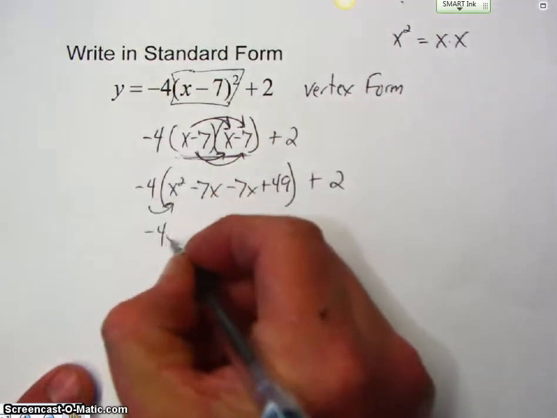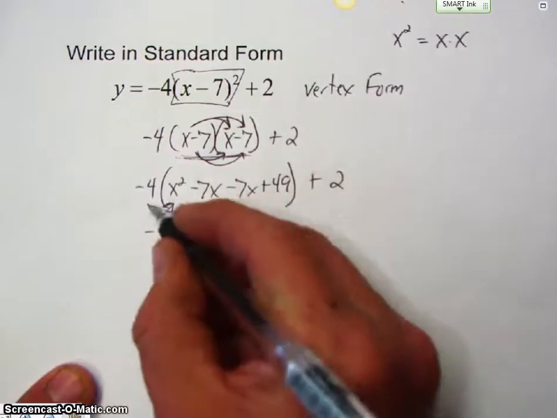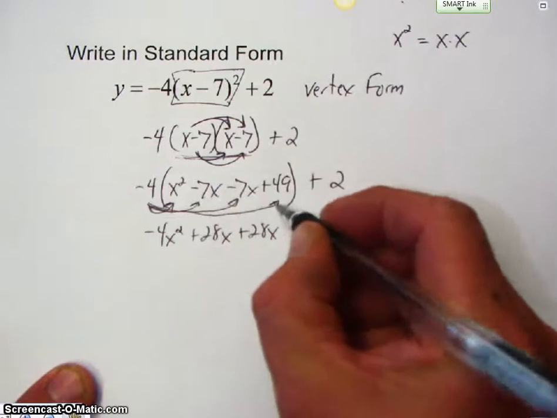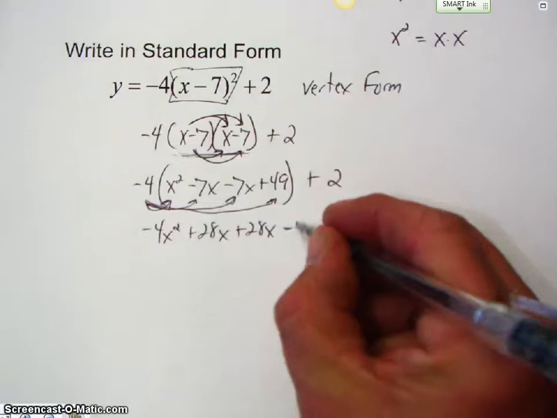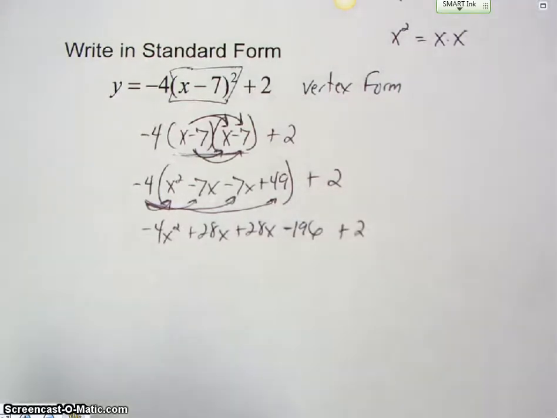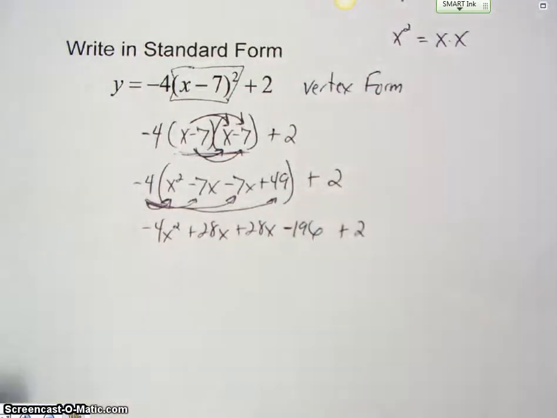So negative 4x squared, positive 28x, positive 28x, and 49 times 4. And I'm using a calculator. 49 times 4 is 196, negative 196. And then I got the plus 2 at the end. I do not multiply negative 4 times 2 because there's a plus there, so I can't multiply.